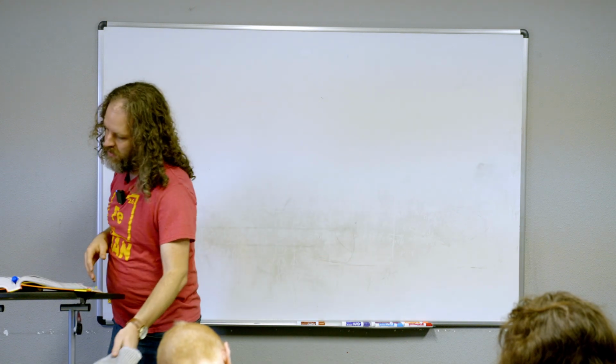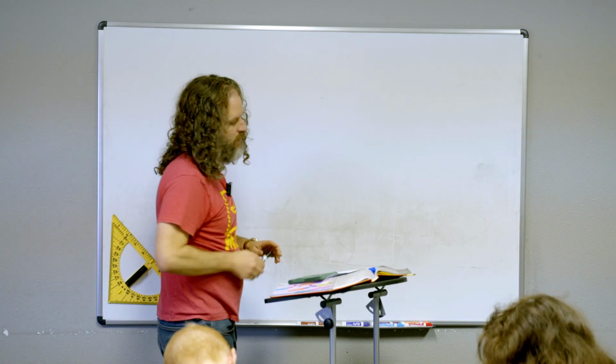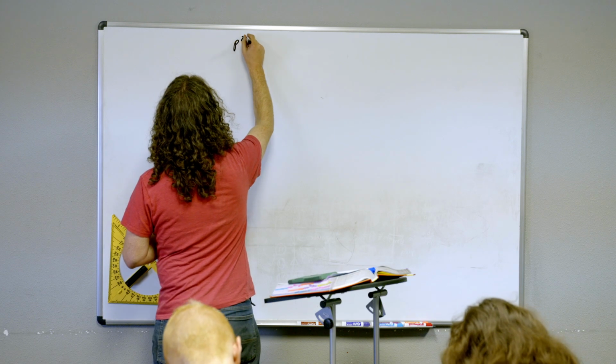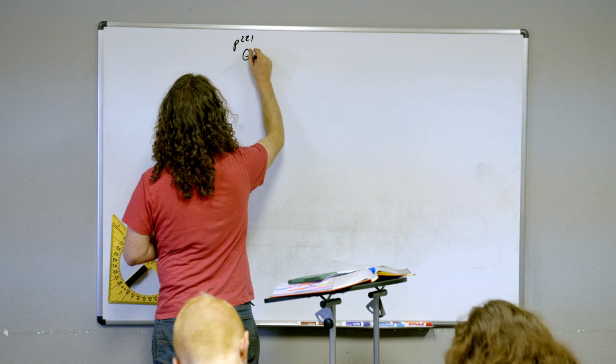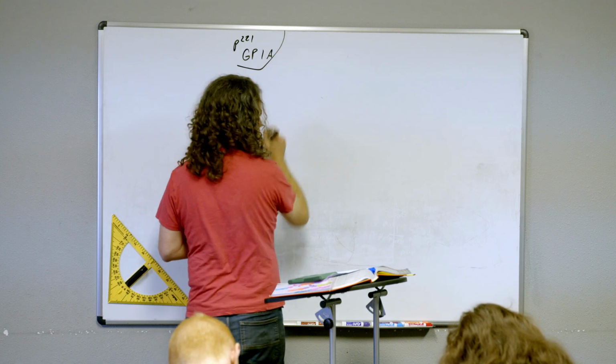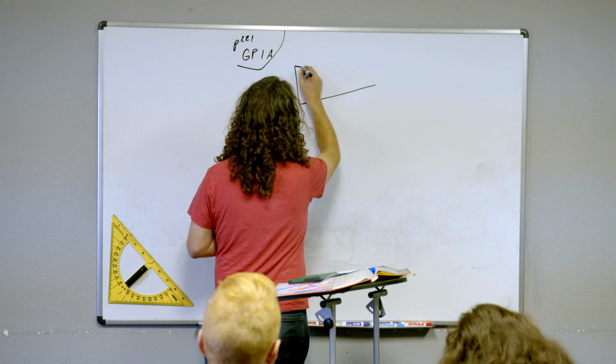We're going to do guided practice 1A on page 221, which has a triangle that looks more or less like this.